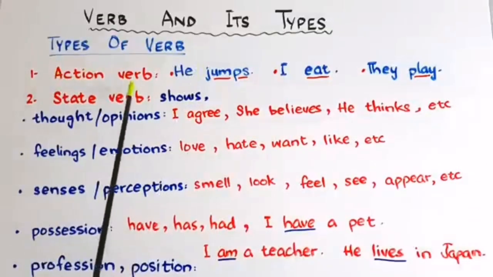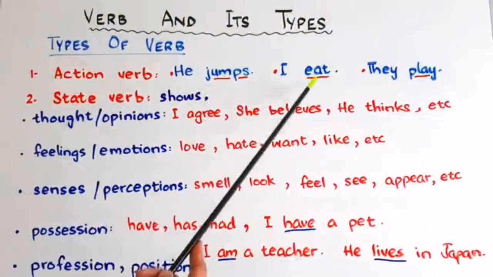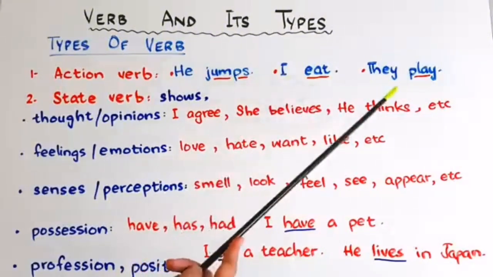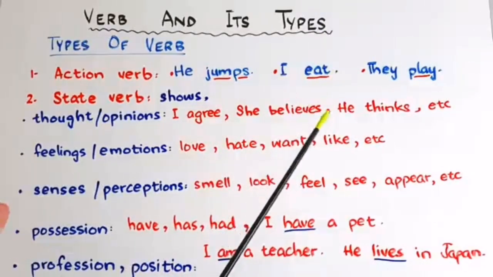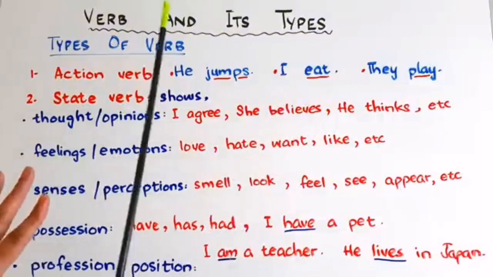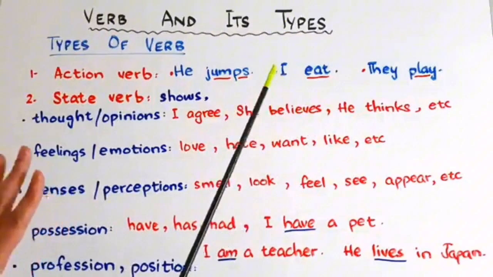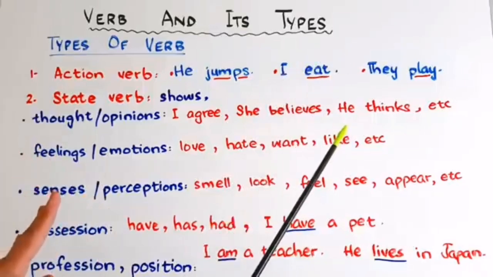The first is action verb, the words that show actions. Like he jumps, I eat, they play. Jumps, eat and play are action verbs, right? The second type is state verb. As the name shows, state verbs do not show any action. They are still. They are stative. But when do we use them?